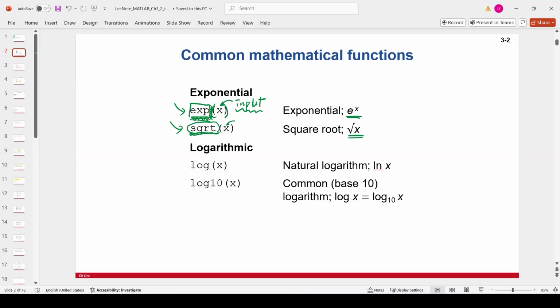All right. There's a reason why I stressed this, so we'll talk about that again. And of course, to find the natural log, log is the name of the function, right? And if you want to find the log base 10, log10 is the name of the function that does this, right? Any questions up to here?